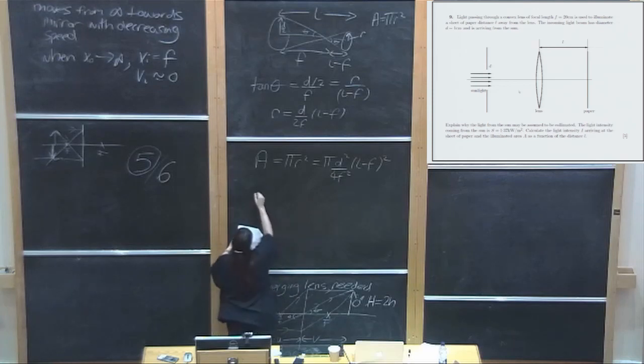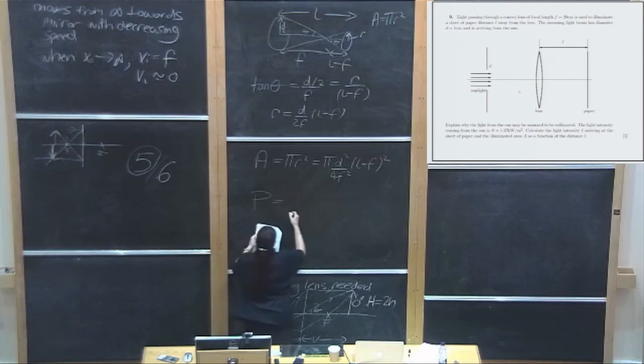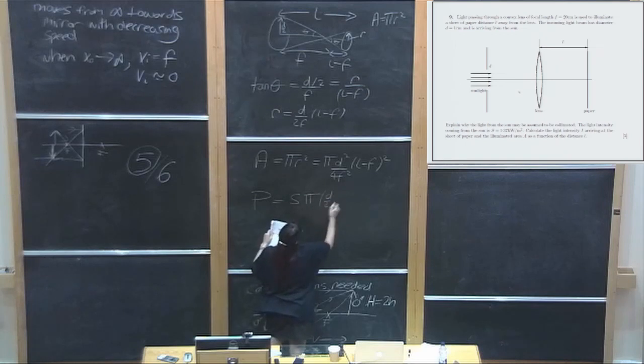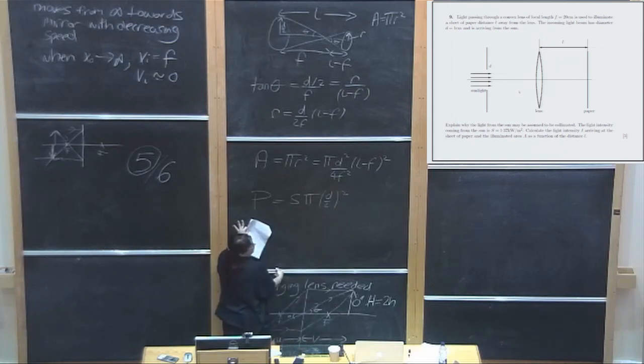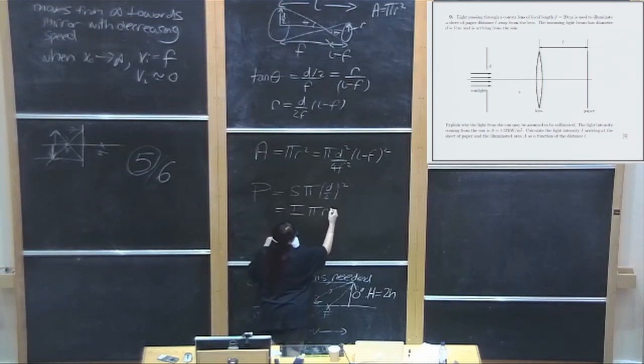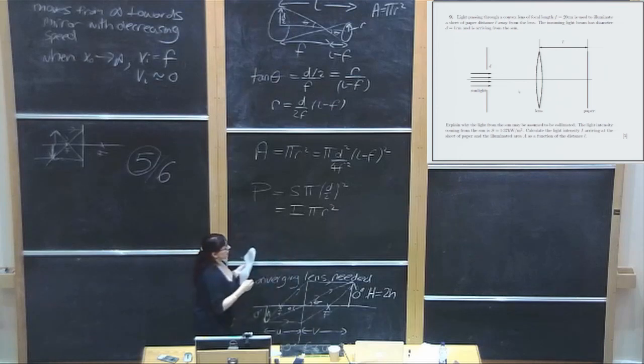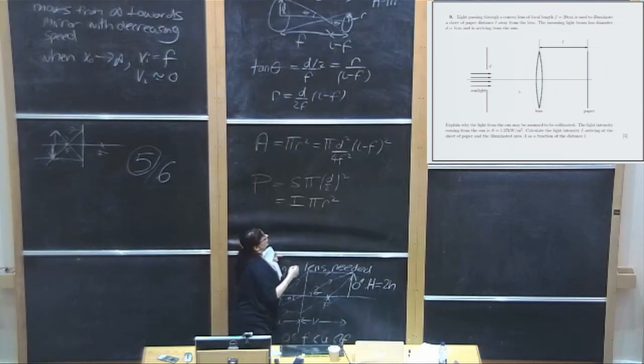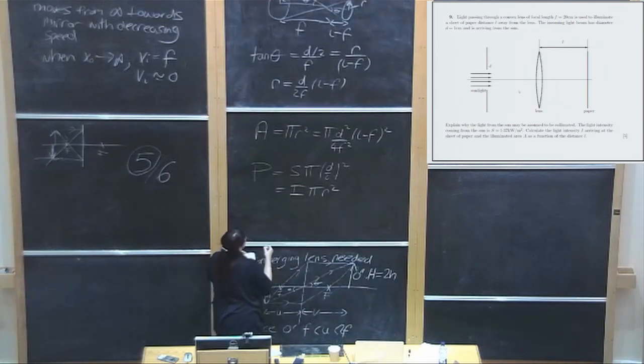So let's introduce a symbol for power. My total power is S times the area of the incoming beam, but that also has to equal the intensity I want to calculate times the area I have just calculated, with R squared. Those things must be constant.